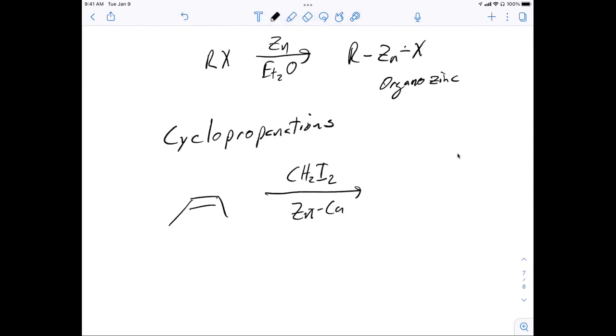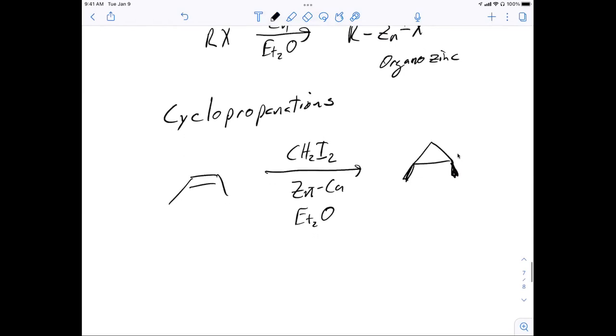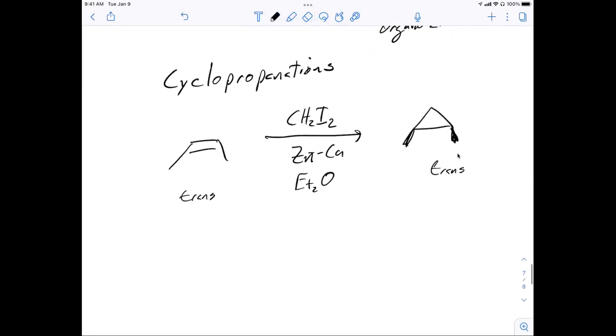The main metal here is the zinc. What happens is I make a cyclopropane. It's a direct insertion. So if I start over here with the trans, I end up with a trans over here selectively. Right? So I have a stereoselective addition reaction.